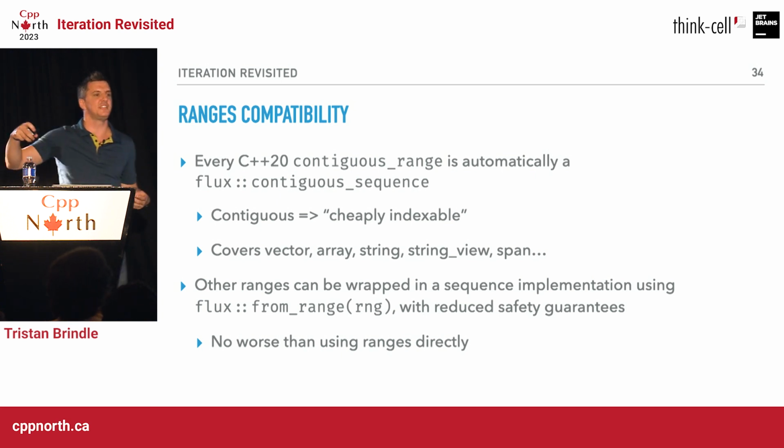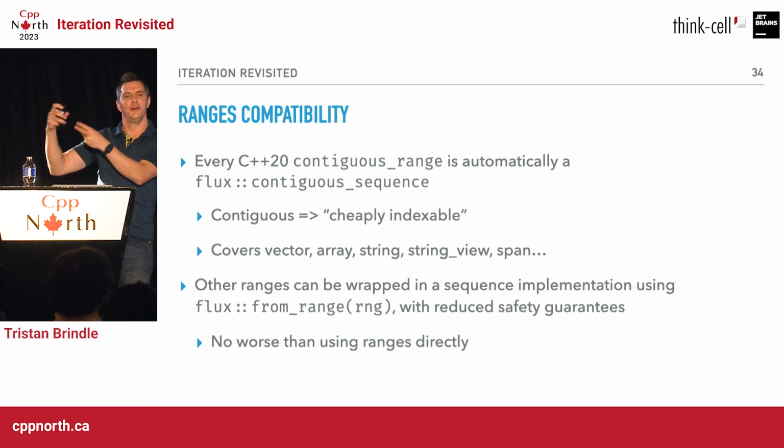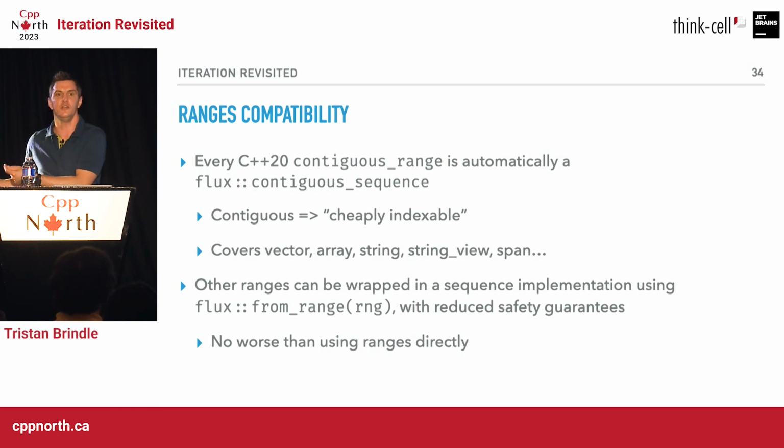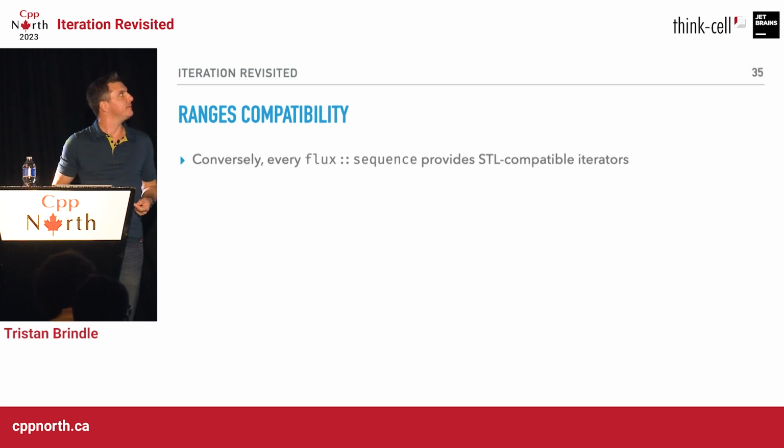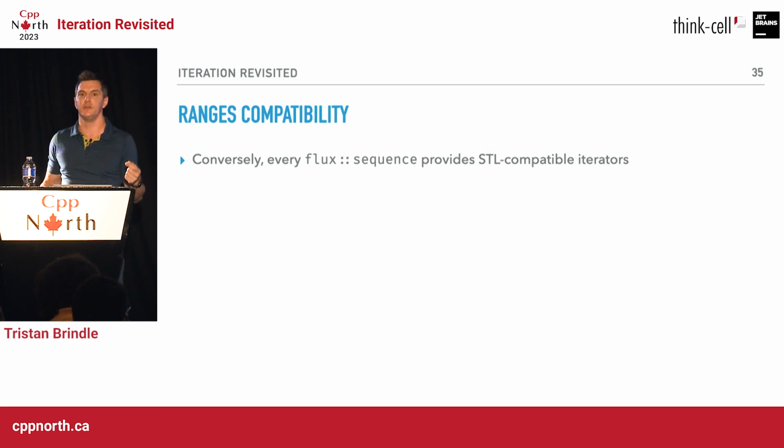What if I have a Flux sequence that I've built up, maybe through some adapter chain? I've got a Flux sequence and I want to use it with some code that's expecting an STL range. Well, here the news is even better, because every Flux sequence is an STL range. It provides STL C++20 compatible begin and end operations.